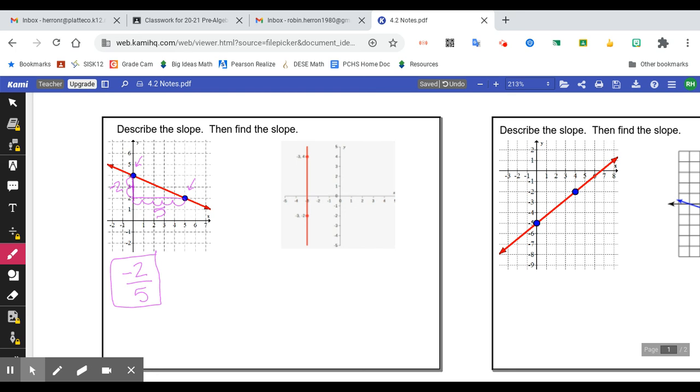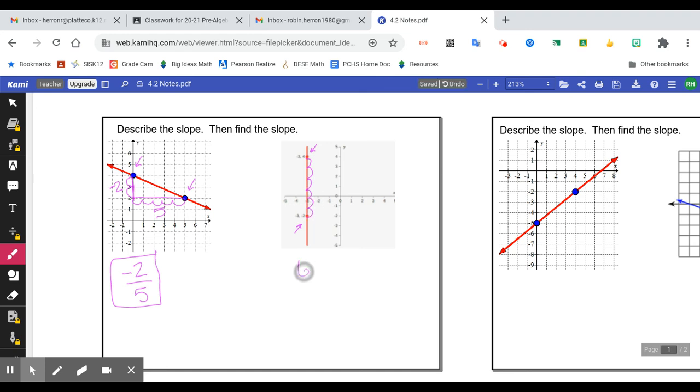Okay. Next one. Since they're straight up and down, you can't start anything that's on the left side. If I'm going to do my rise over run, I'm going to start here at the top and go down here to the bottom. So I have to go 1, 2, 3, 4, 5, 6.